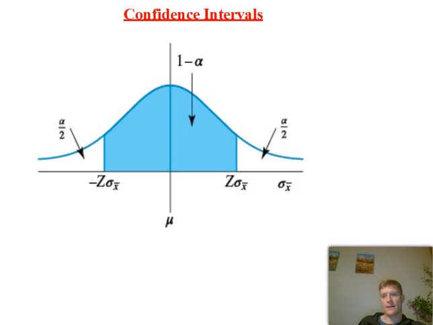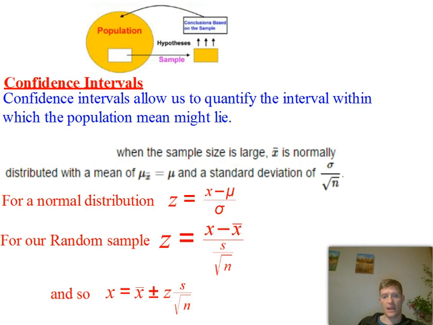Outside this region we've got what's left over, the tail end probabilities. They are a z multiple of standard deviations away from the mean, and that's what we were illustrating previously with forming our confidence interval.